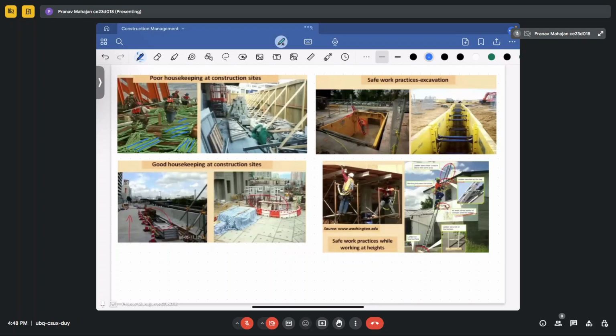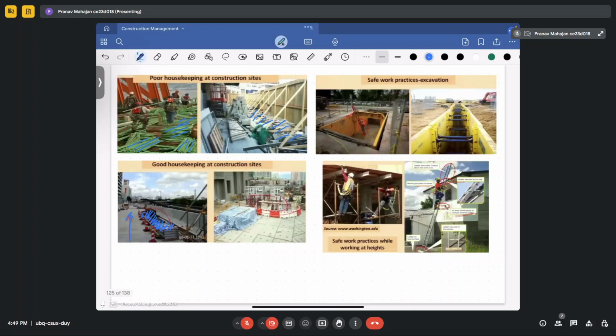In the second, you can also see how cluttered all the things are at the site. So all these activities, or you can say poor housekeeping, cause accidents at various sites. Whereas if you keep all the material at the site and provide a pathway for the moving of the objects as well as the equipment, that will result in mitigating the accidents at various sites.